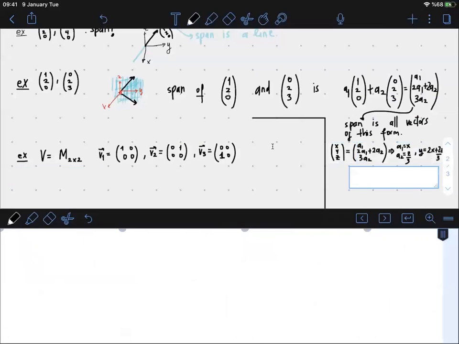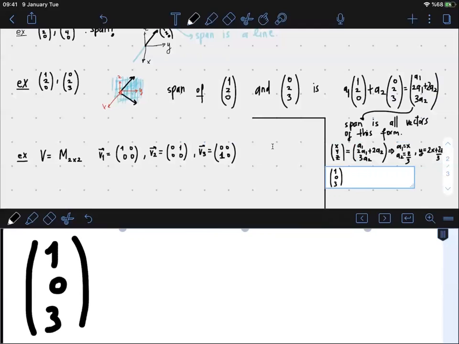Okay, sorry. Can you see this? So for example, let's take a vector where x is 1, z is 3, and y is 0. The question is, is this vector in the span?